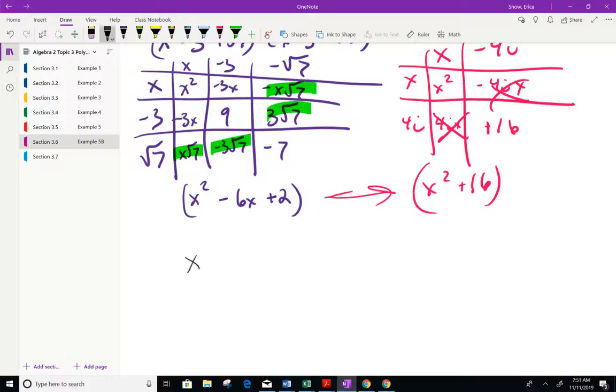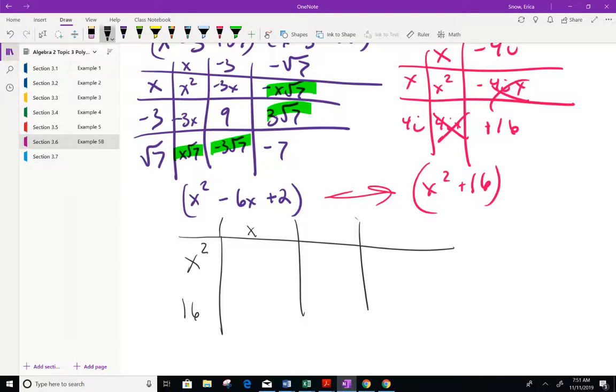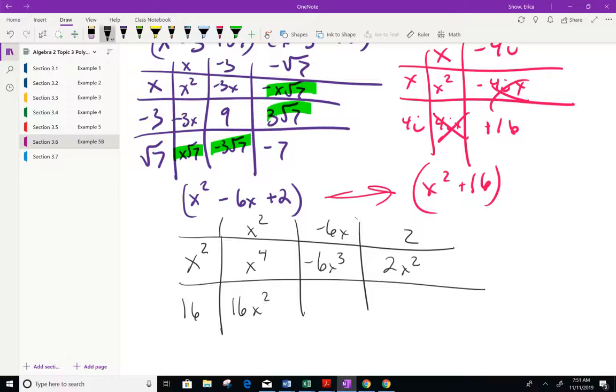So we're going to have x squared and 16 times x squared, negative 6x, and 2. So we get x to the fourth, negative 6x cubed, 2x squared, and 16x squared.